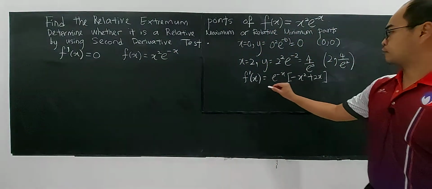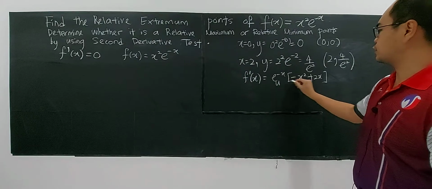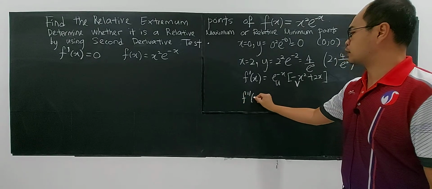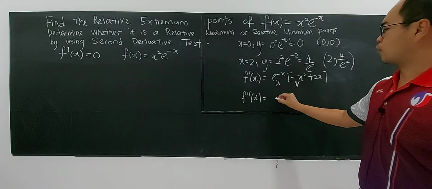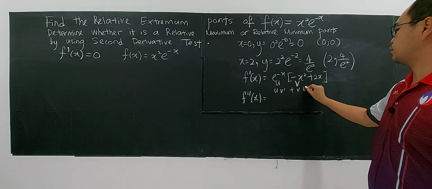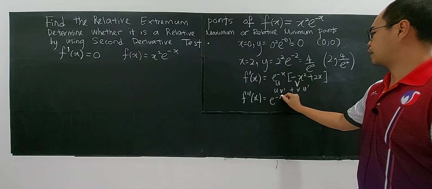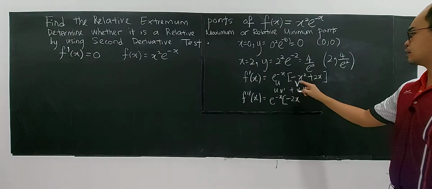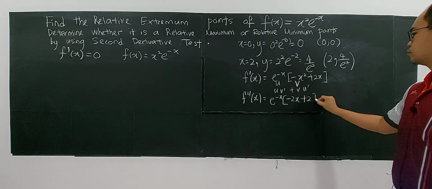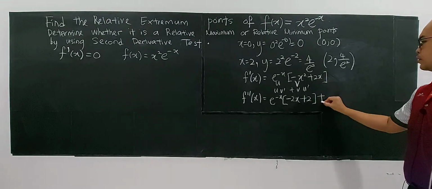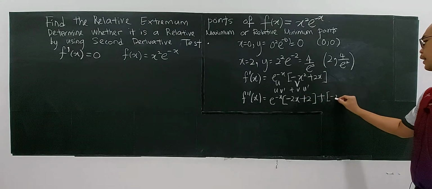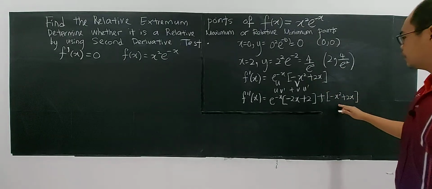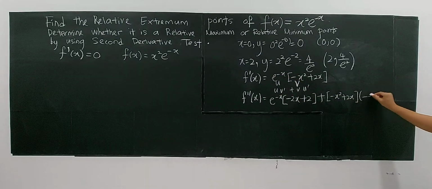This is also a product of two functions, an exponential and a quadratic, so I'm going to apply the product rule one more time: u v prime plus v u prime. u is negative e to the power of negative x, v prime is negative 2x plus 2, plus v, which is negative x squared plus 2x, times the derivative of the exponential, which is negative e to the power of negative x.